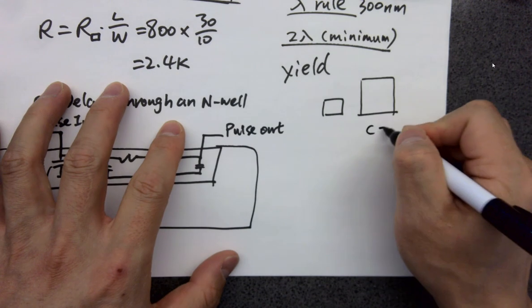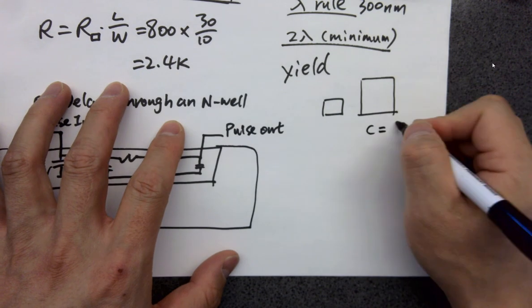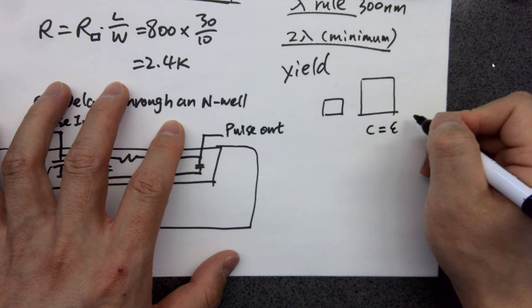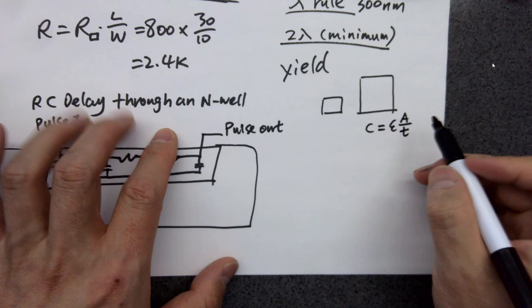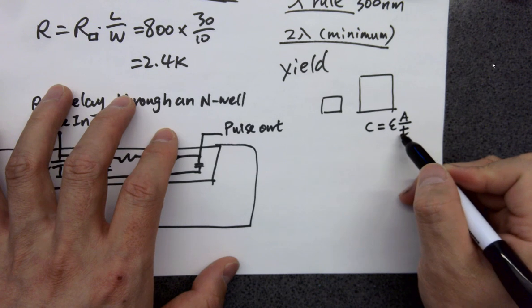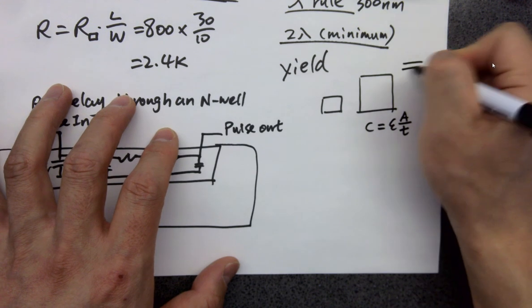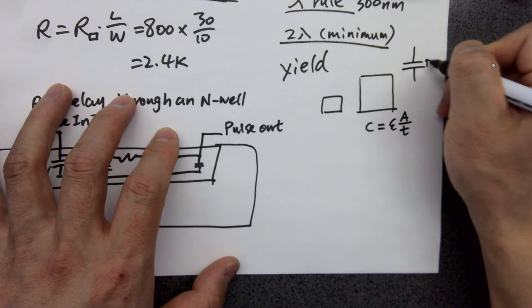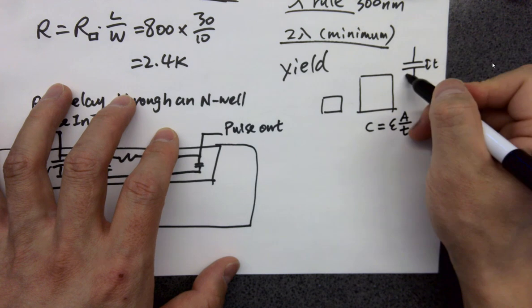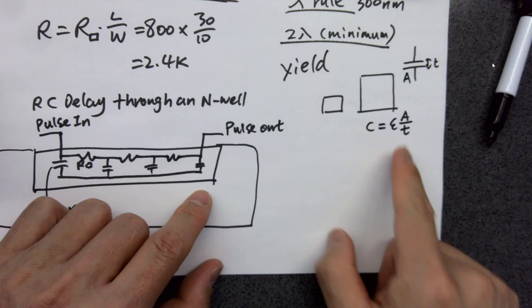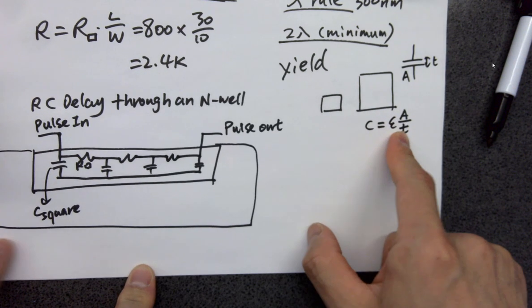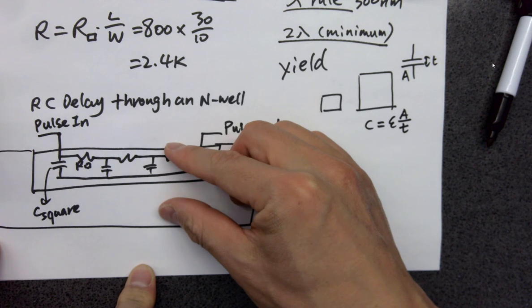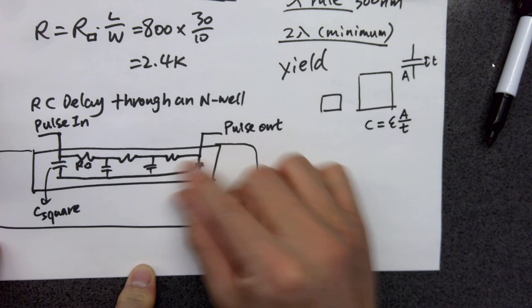Because capacitance equals epsilon A over T. And T is the thickness of the dielectric material in between the two plates of the cap, and A is the area. So the thickness is not being changed, because of the manufacturing standard procedure, right?